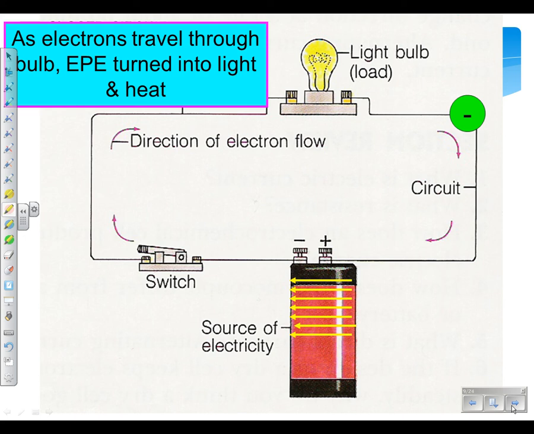If we're talking about a speaker, like your little battery-powered speaker that you plug your iPod into, what does it turn the electric potential energy into? What kind of waves? Sound waves, right? Turns it into sound energy. The components that are attached to the battery take that electric potential energy that the electrons have and turn it into other kinds of energy.